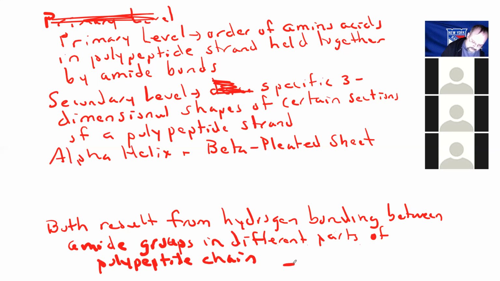You know, as you saw in the notes, if you have a C double bond O group and you have an H, the oxygen of that group is going to have a partial negative charge.